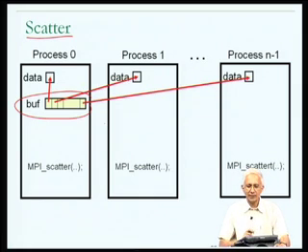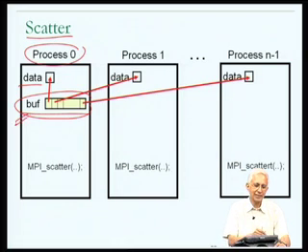So once again, if we looked at the parameters of MPI scatter, we should find that it mentions both the buffer as well as the location into which the data is to be scattered for that individual process. In addition, the identity of the root of the scatter must be indicated, in other words, the fact that it is process 0 which contains the buffer to be scattered across all the n processes.